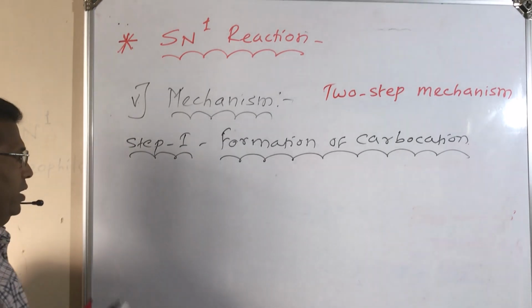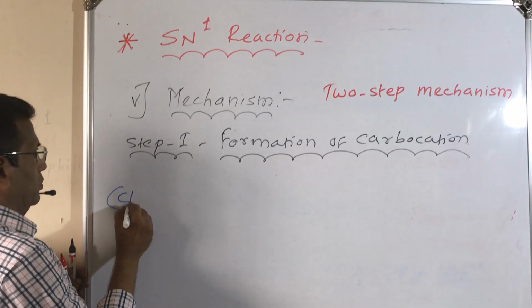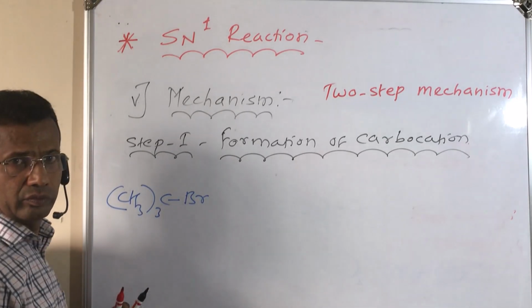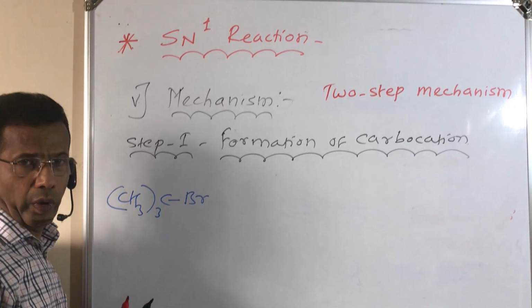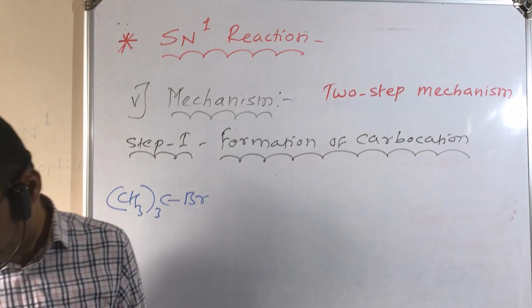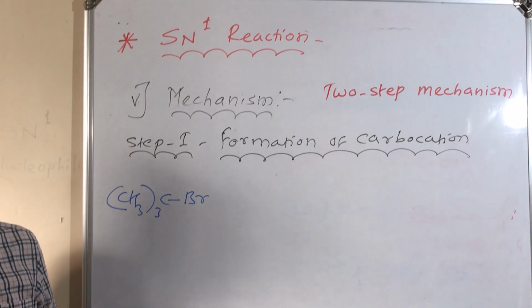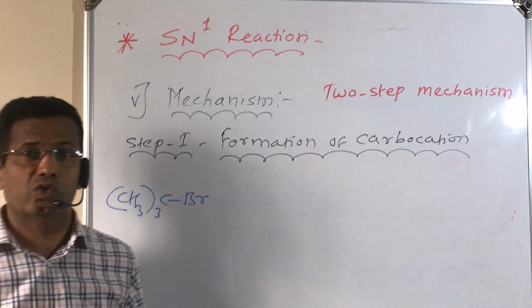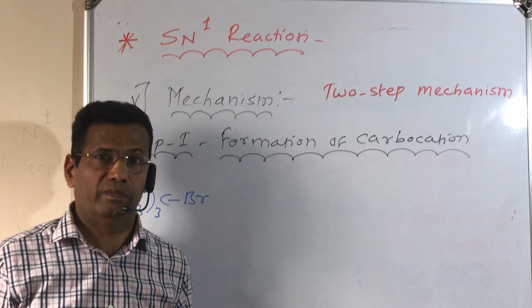So T-butyl bromide contains a tertiary carbon atom. When T-butyl bromide is taking part in a chemical reaction along with OH minus ion, OH minus ion is inactive. It is not taking part in the first step.